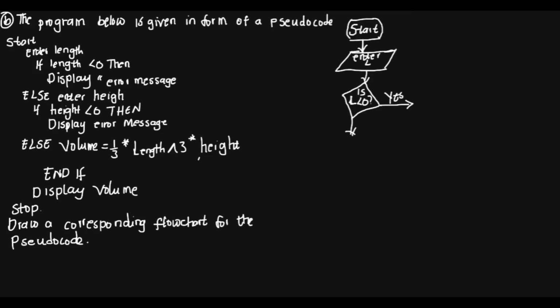So now if we say is L less than 0, meaning we are saying it's a negative number, you can't find or calculate volume with a negative number. So we'll say error message. So we'll say display error message.